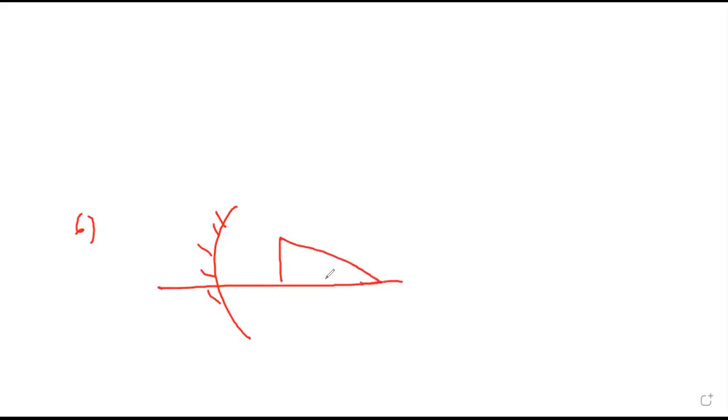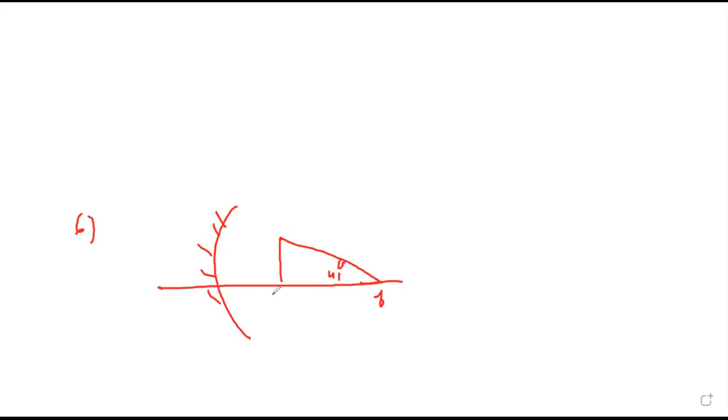A wire is bent in the shape of a right angle triangle. This angle is 45.